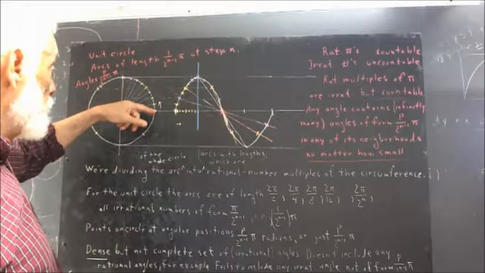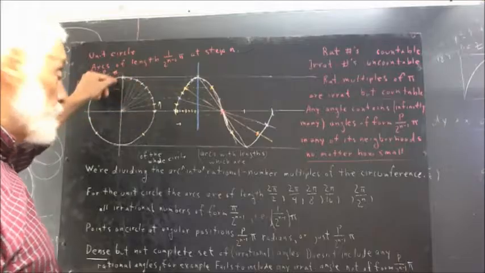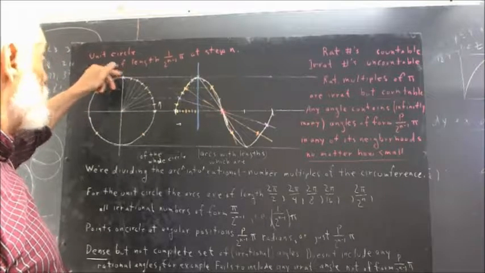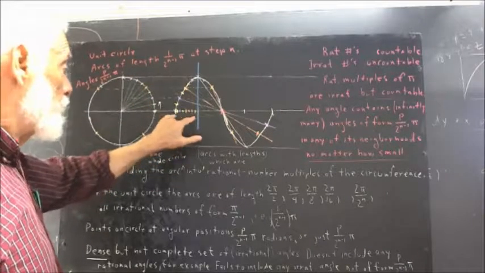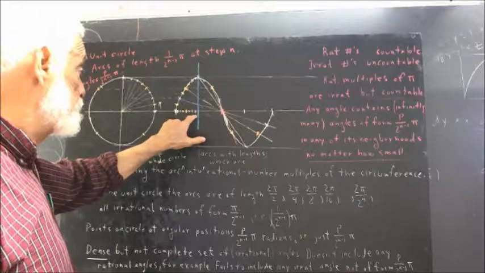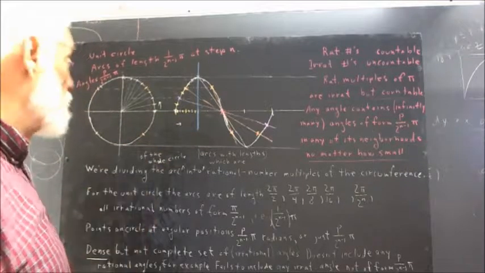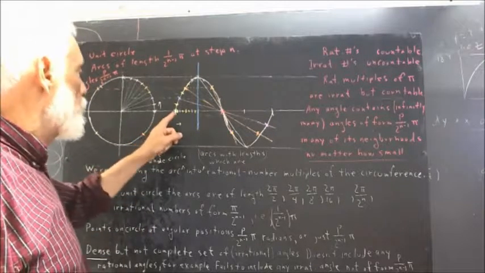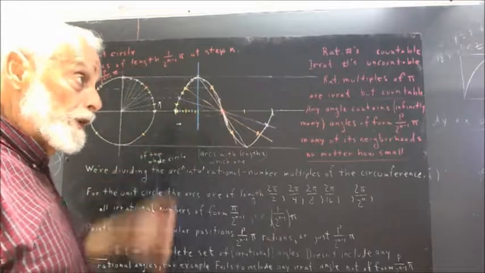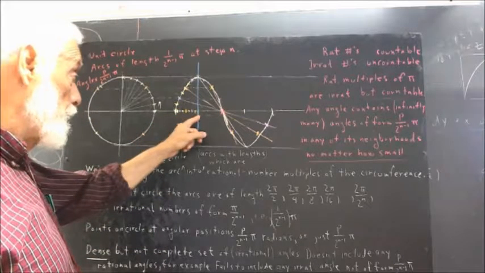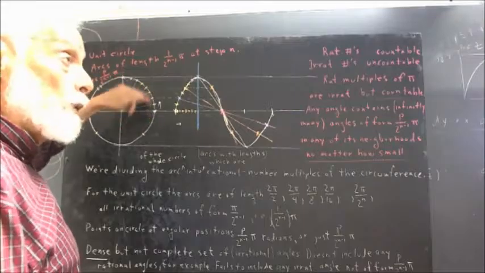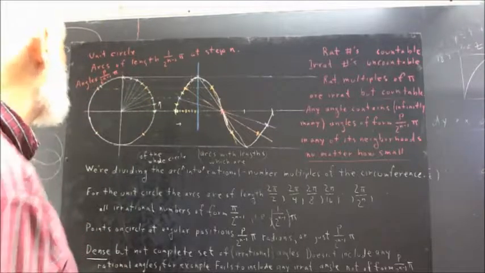And then here, where I've divided this arc into 8 equal parts, we can subdivide this interval into 8 equal parts. Each of the points that we're going to get in that subdivision will correspond to one of the points on this arc.